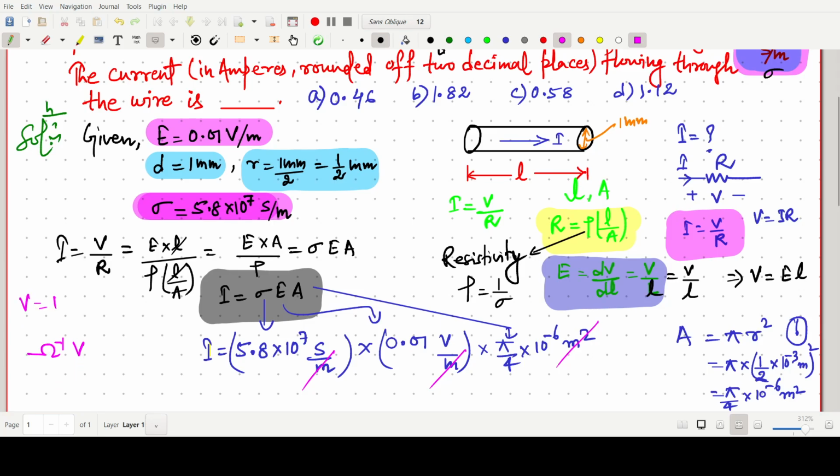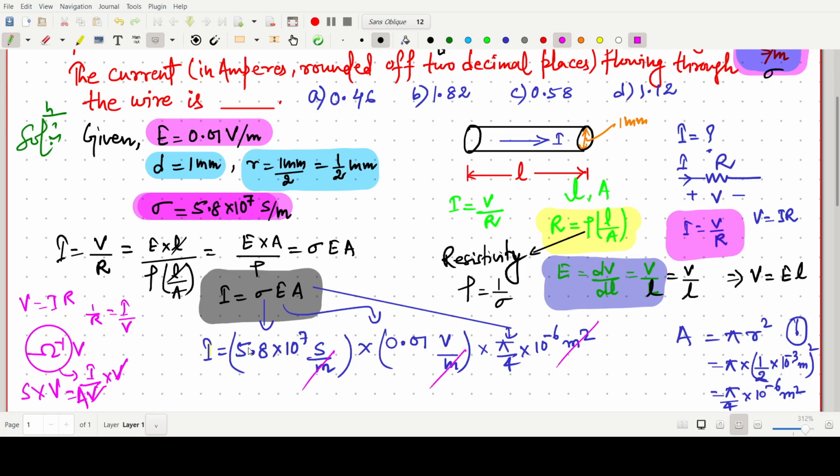As we know V equals I R, so 1 by R we can write as I by V. So ohm inverse is nothing but I by V, and into V, this will give the ampere unit. Siemens into volt will be ampere, so no need to disturb Siemens and volt.